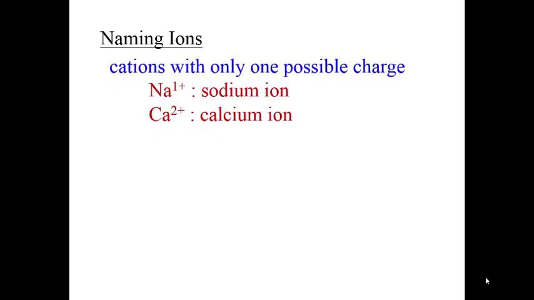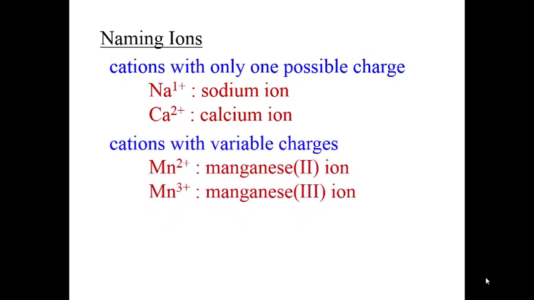In order to name compounds, we need to know the names of the individual ions. There are some cations with only one possible charge. These include the group 1 and group 2 ions, as well as silver and aluminum. For these, the name of the ion is the same as the element. So we have the sodium ion and the calcium ion. For cations with variable charges, we use the name of the element and add the charge as a Roman numeral in parentheses.